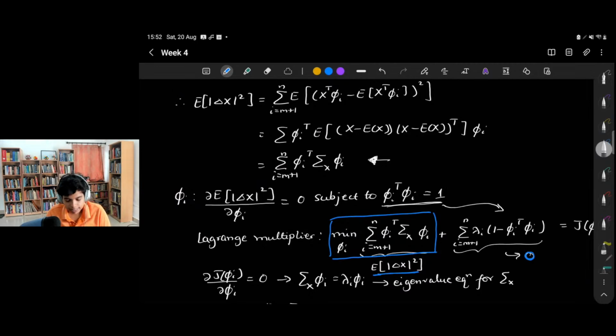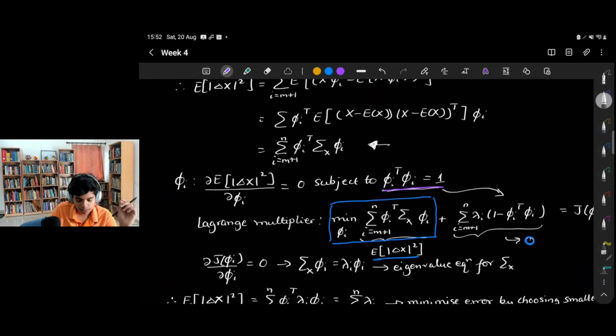Now, the reason why we are doing this is that we know that we have some constraint on this phi I. And this is the kind of constraint, the normalization constraint. Now you can definitely add 0 times something. So this is like adding 0 times a lambda. But this lambda is now a variable and it is giving you some control over maintaining this constraint as well as minimizing your error.